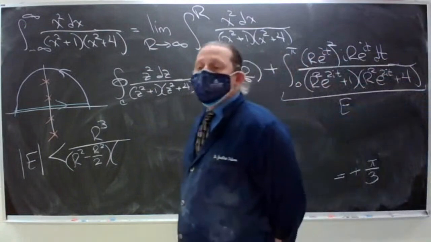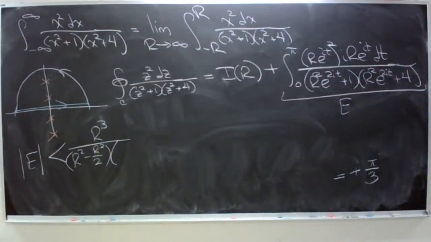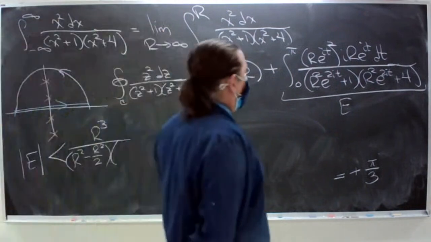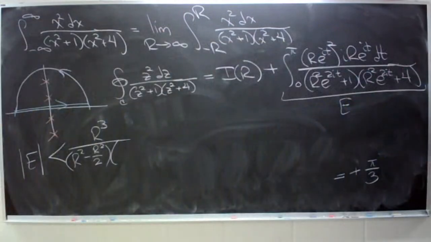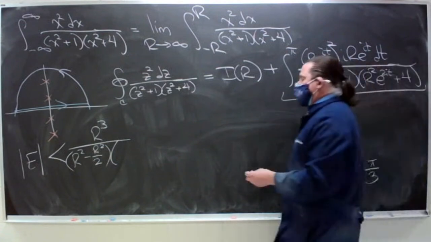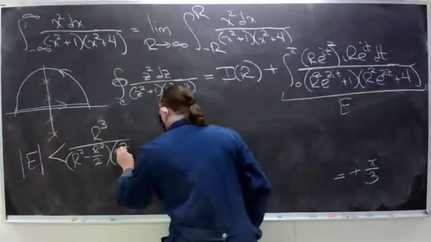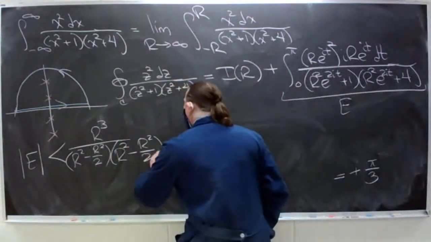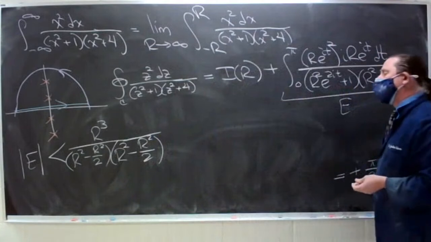Similarly here, the modulus of that denominator is always greater than or equal to R squared minus 4. All right? But I can make it even smaller than that if R is less than the square root of 8, just by doing that.